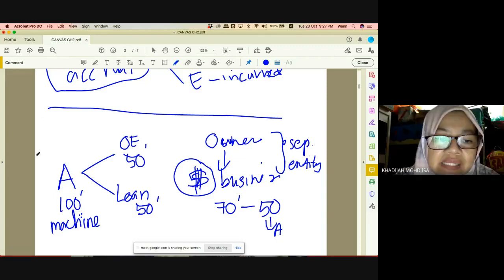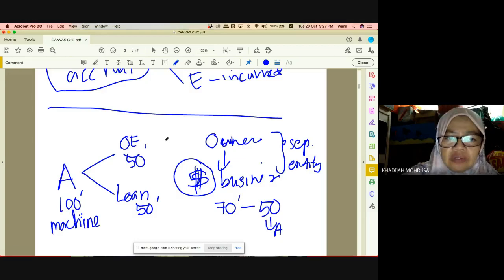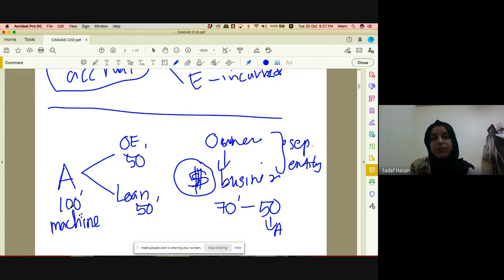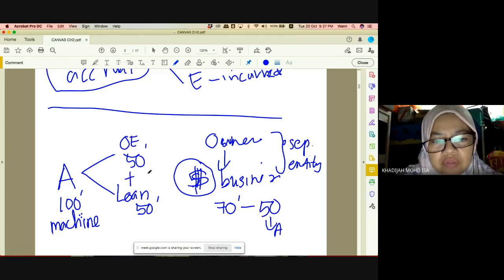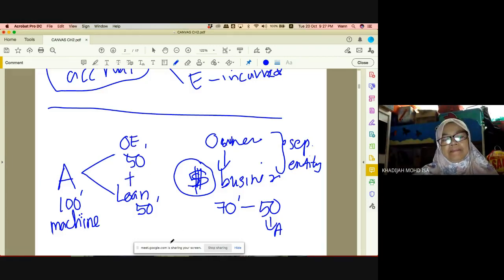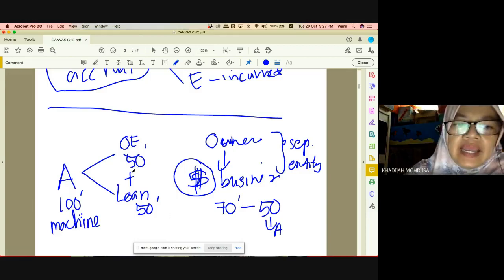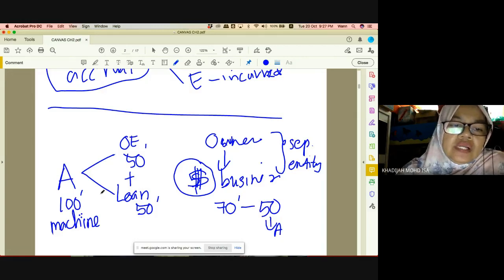So now you have 50,000 from the OE and 50,000 from the bank, because you took up a loan. In order for you to have the machine of 100,000, you're using OE and your loan. Then you get your asset. That's why at any time, asset equals OE plus your loan.